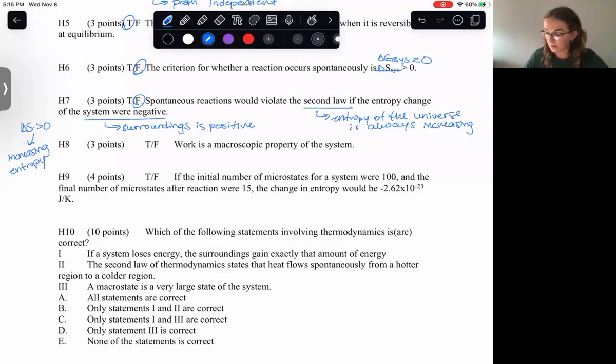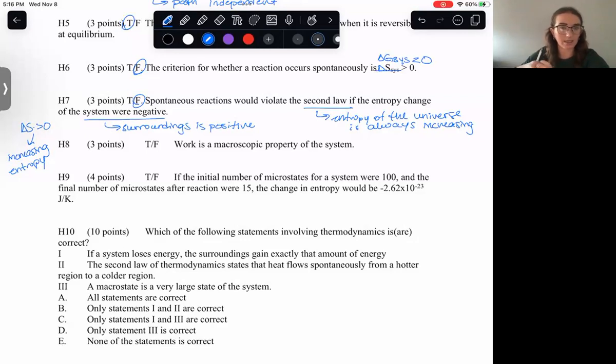So the second law of thermodynamics states that the entropy of the universe is always increasing. So the delta S of the universe is always greater than 0, right? We're always getting more disordered. So if the system was negative, that negative entropy change, that decrease in disorder, had to result in an increase of disorder someplace else.